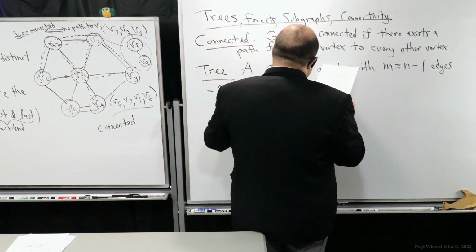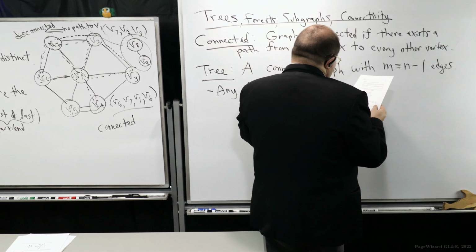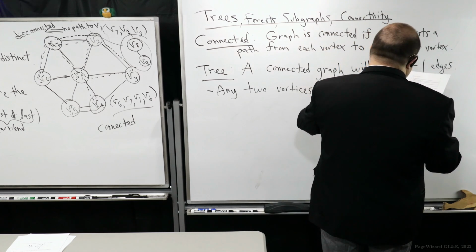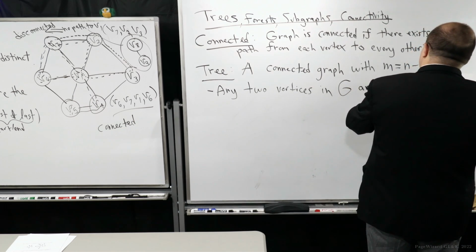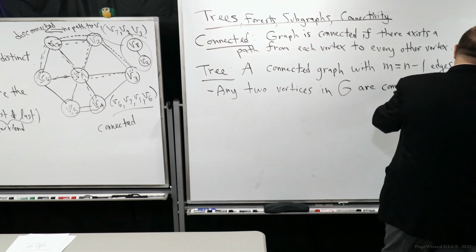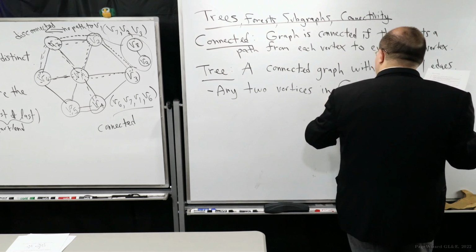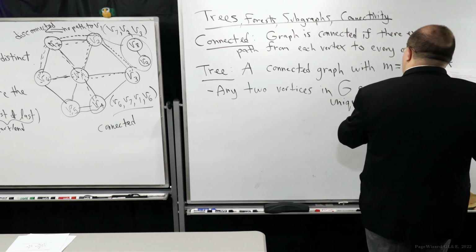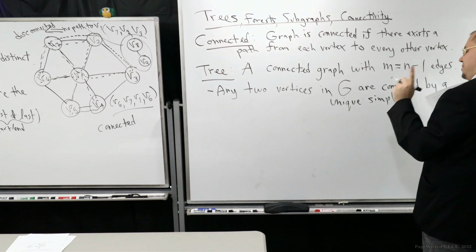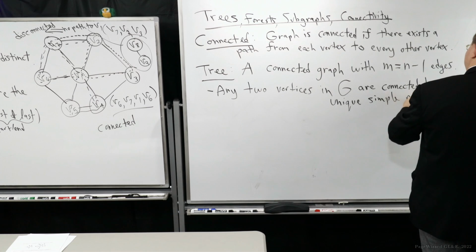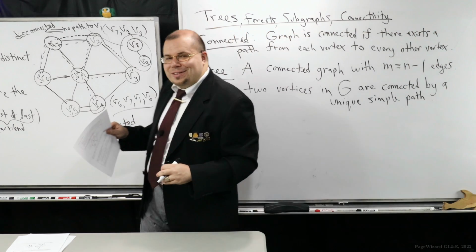So this is one thing: any two vertices in the tree G are connected by a unique simple path, meaning that you can take any two vertices in the graph and there is a unique simple path between them. So that's another way you can equivalently define a tree.